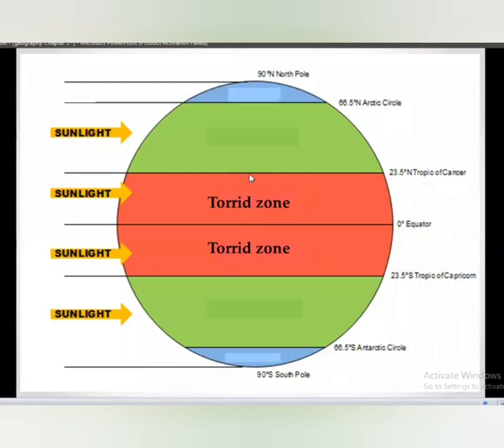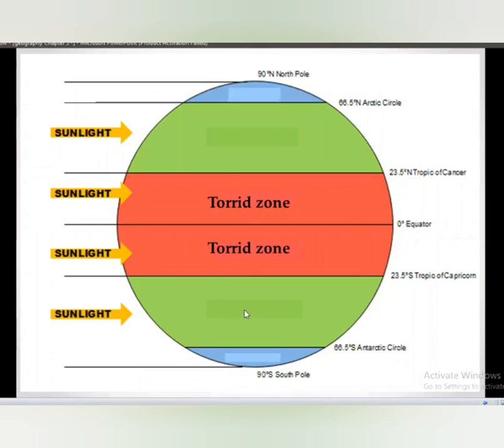Next, the regions shown in green color, that is from Tropic of Cancer to Arctic Circle and Tropic of Capricorn to Antarctic Circle. Here, the slant sun rays fall.